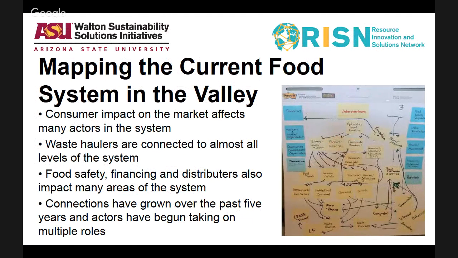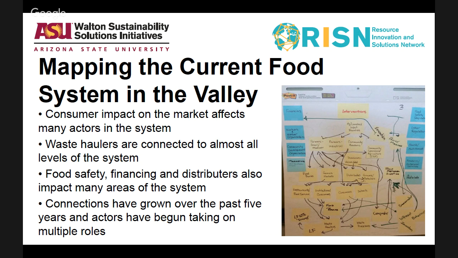So some of the main points that came out of this mapping exercise of the current food system were the huge influence of consumers and their mindset and their education on food issues, and the different impacts that has throughout the value chain. Another was that waste haulers are centrally connected to almost every piece of the value chain, or the network.